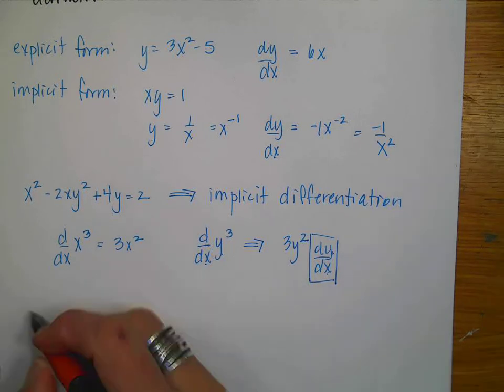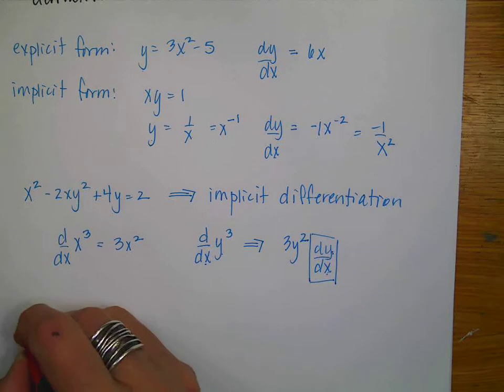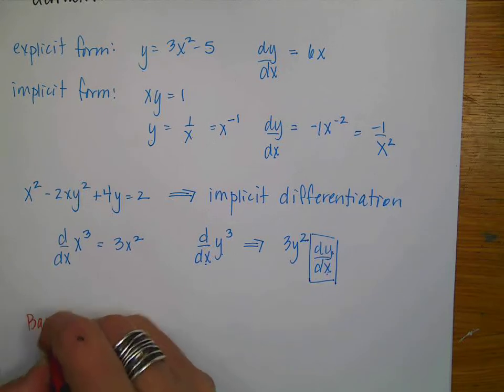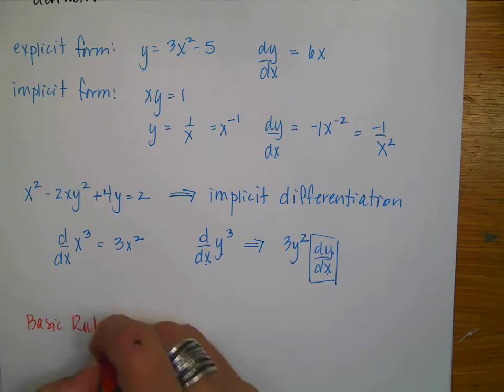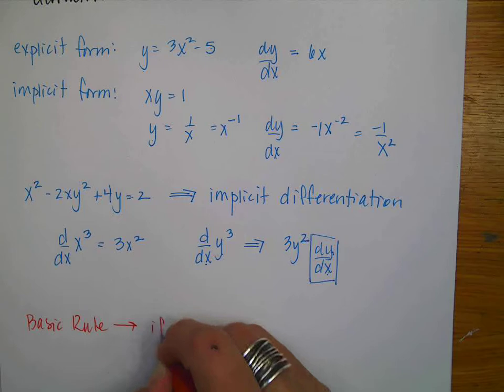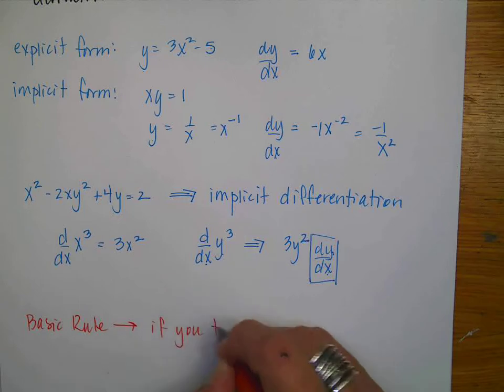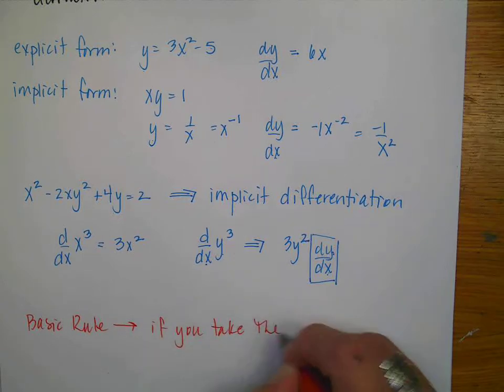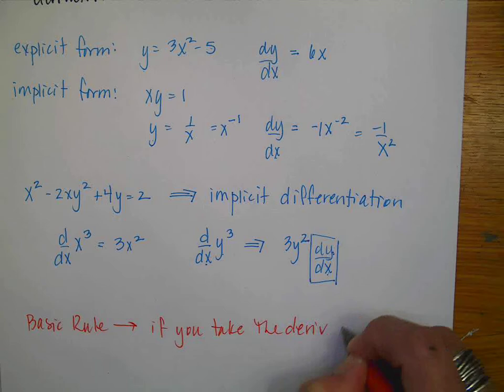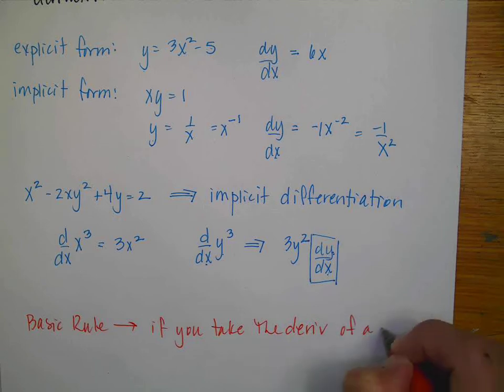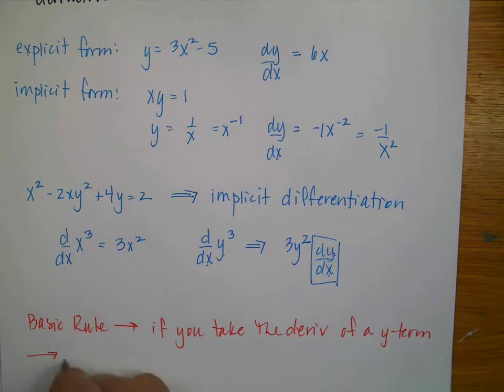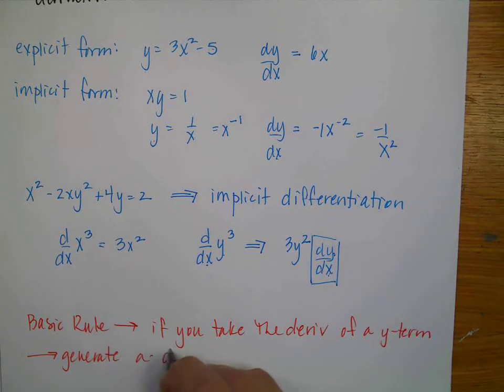So I'm going to tell you a basic rule. So here is your basic rule, is if you take the derivative of a y term, you're going to generate a dy dx.